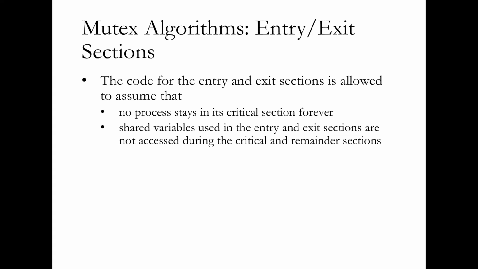This is the assumption I have to make, because sometimes buggy programs will violate it, but hopefully that's our assumption when we implement this algorithm. If somebody stays in the critical section forever, no one can enter it again. So that's not acceptable, but otherwise we'll make this assumption.